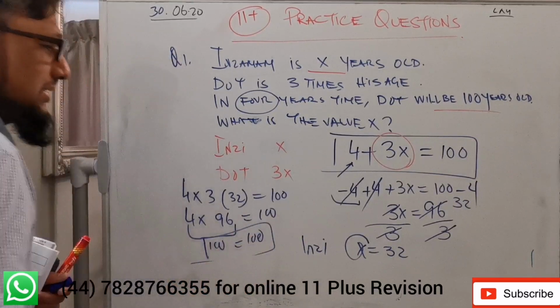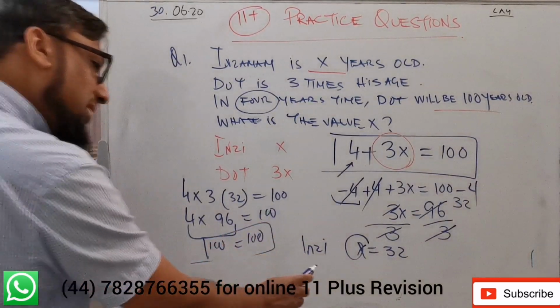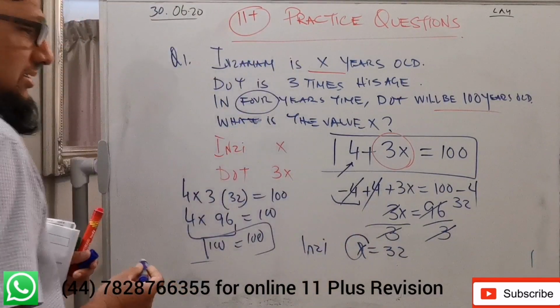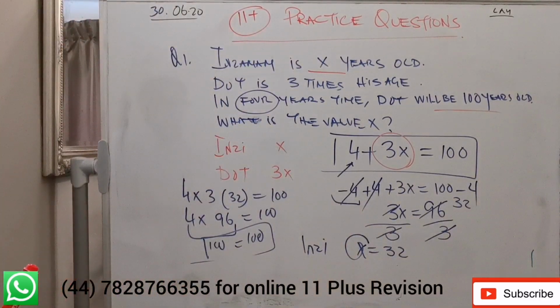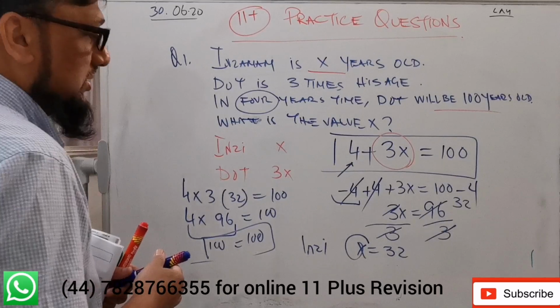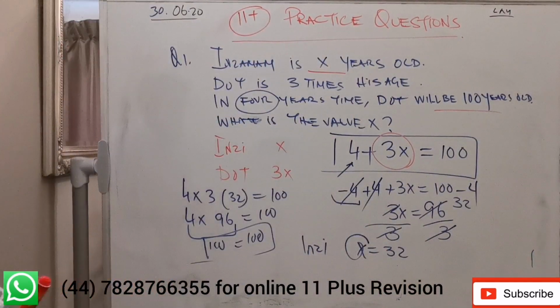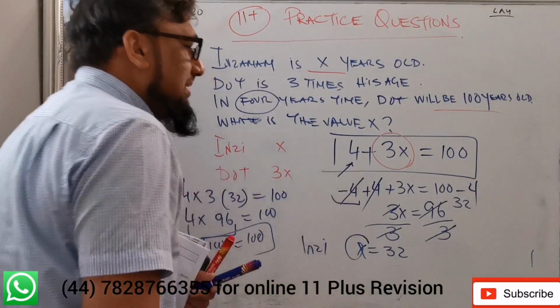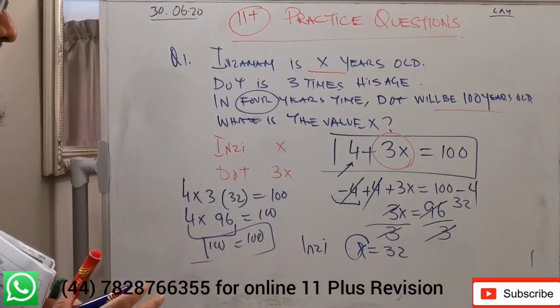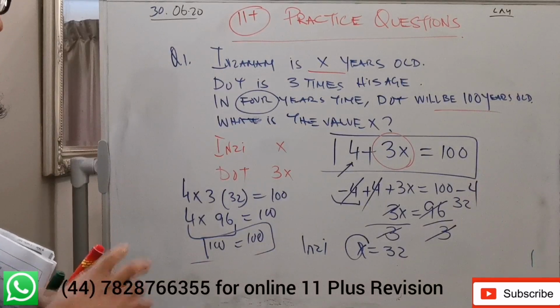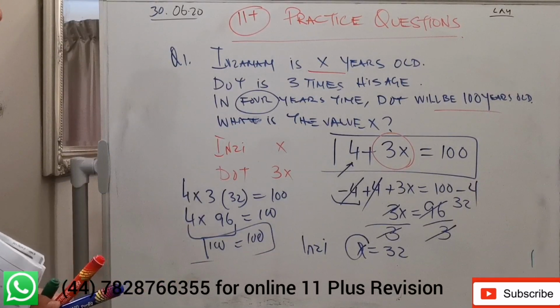So the age of Inzi is right, which is 32 years old. If you multiply by 3 to get the age of Dot, it is 96. So this is question number 1.